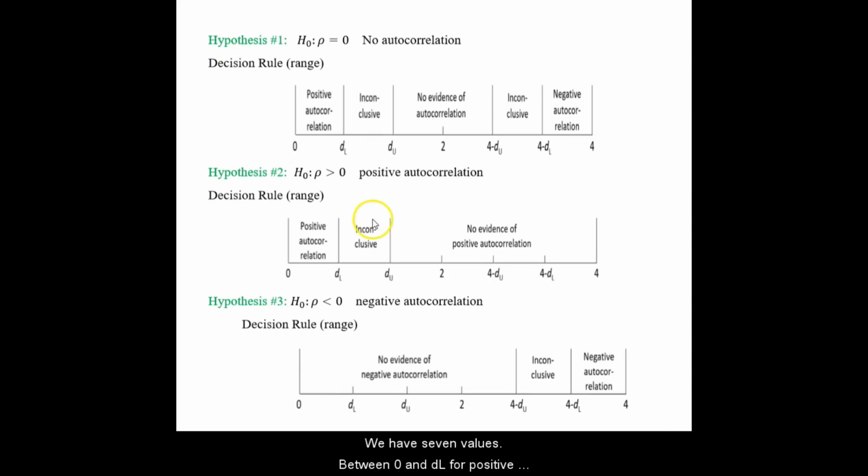The decision rule is we have 7 values. Between 0 and the DL, positive autocorrelation, then inconclusive. In the middle, there's no autocorrelation. So actually we have 5 regions.